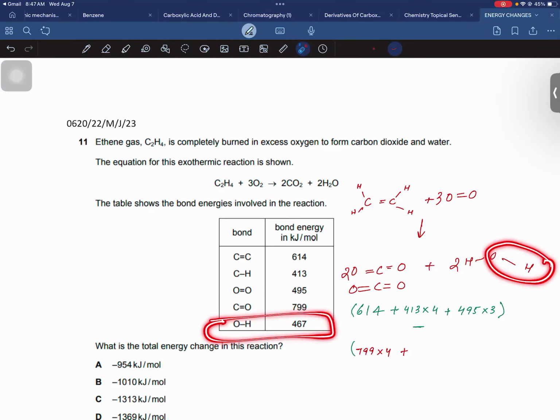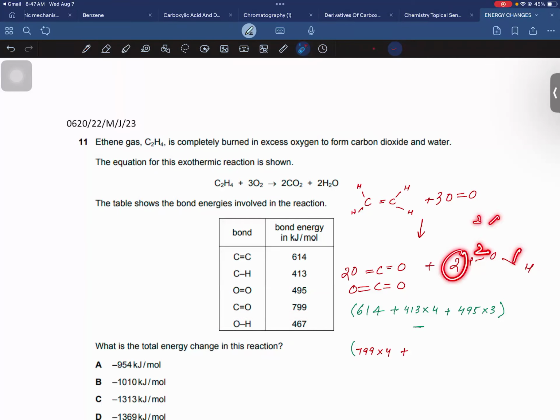How many OH do you have? This is 1, this is 2, and you have 2 molecules. So 2 into 2 is equal to 4. 4 into 467. Then you would be solving this and telling me the answer.